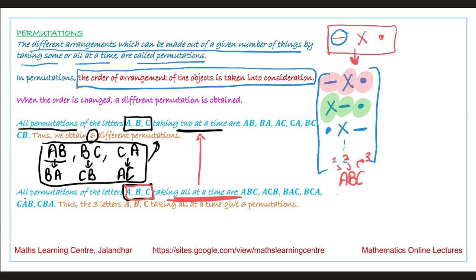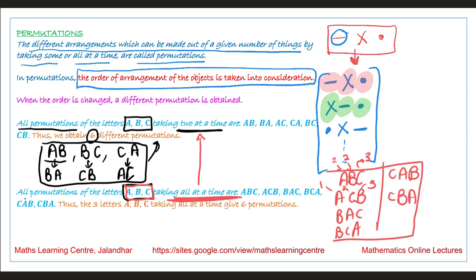Another combination we have is A, C, B. Then we have B, A, C, then B, C, A. Similarly, we have C, A, B and C, B, A. So these are all 6 possible permutations that can be formed by using these letters A, B, C when all of them are chosen at a time.